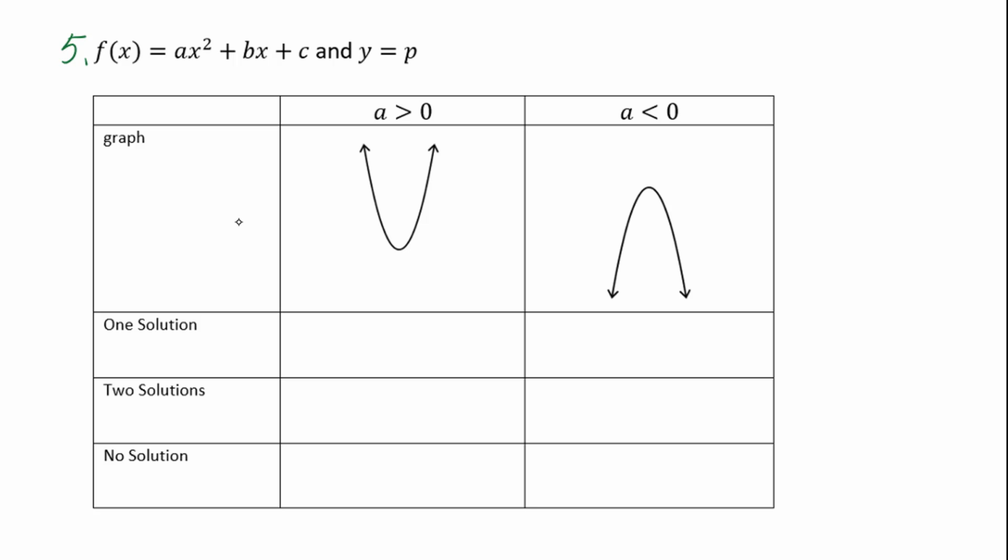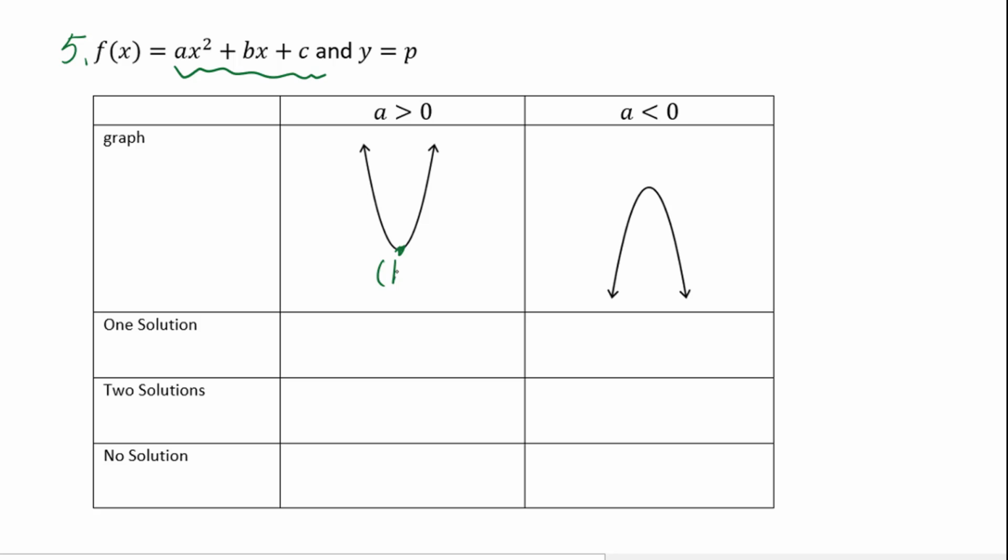For number 5, we have f of x equals ax squared plus bx plus c and y equals p. For what value of p, these two functions have one solution, two solutions, and no solution. When a greater than 0, we know the graph opens up.